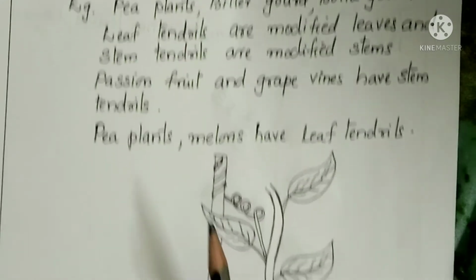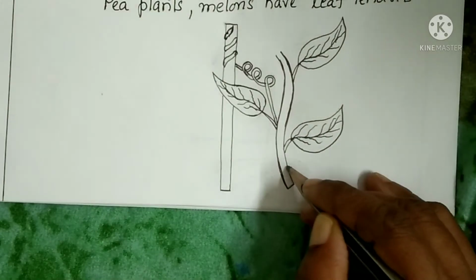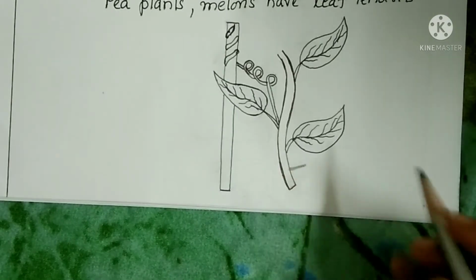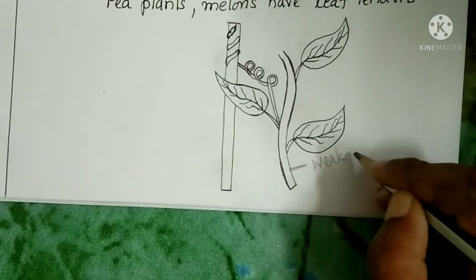Now you see here I have shown you one, if you want to know what a tendril exactly is. This is the picture of a plant and it has a very weak stem. This stem is not strong, so it is a weak stem.